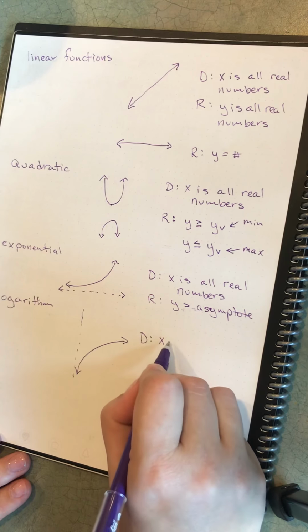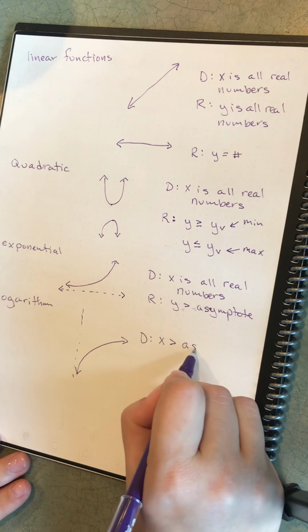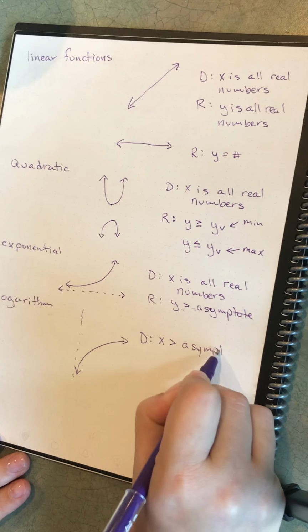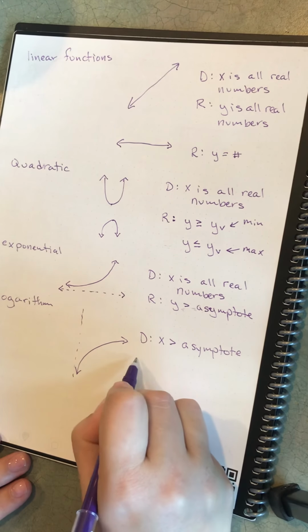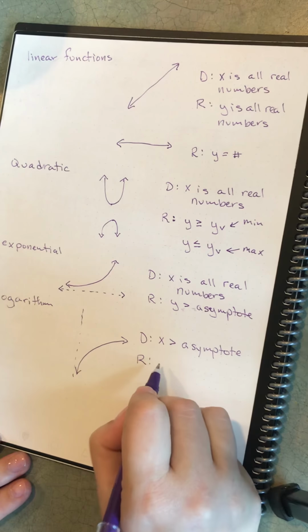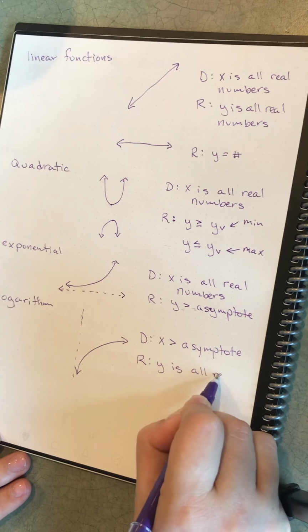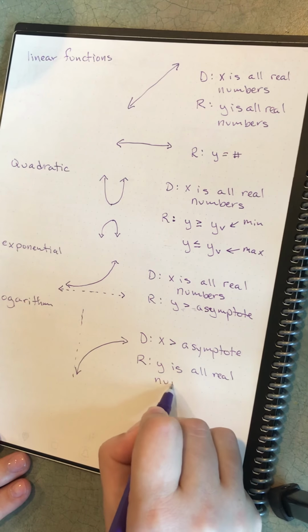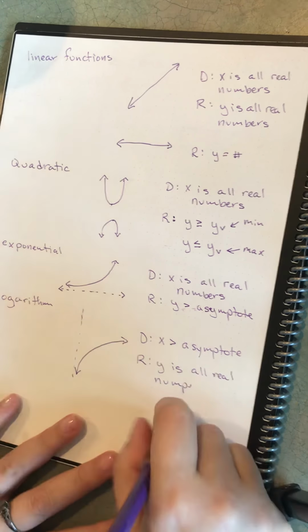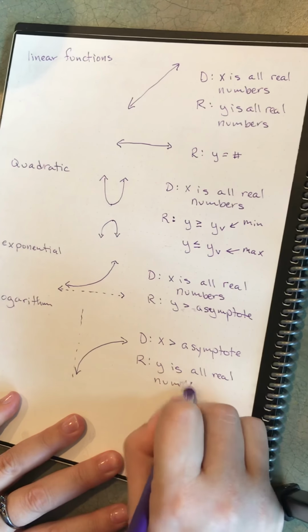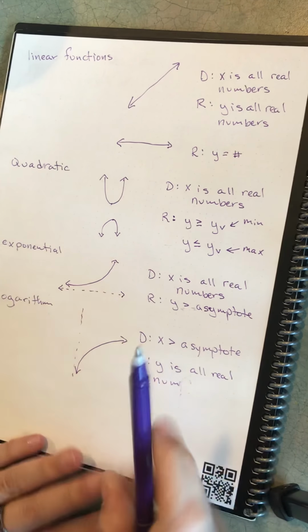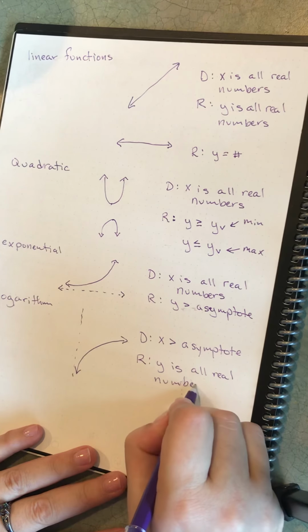So x is greater than the asymptote, and our range is y is all real numbers. Oh my gosh, you guys, I am off my game today. That's okay.